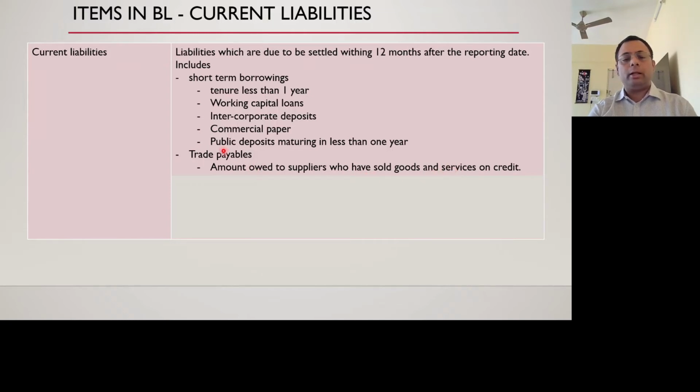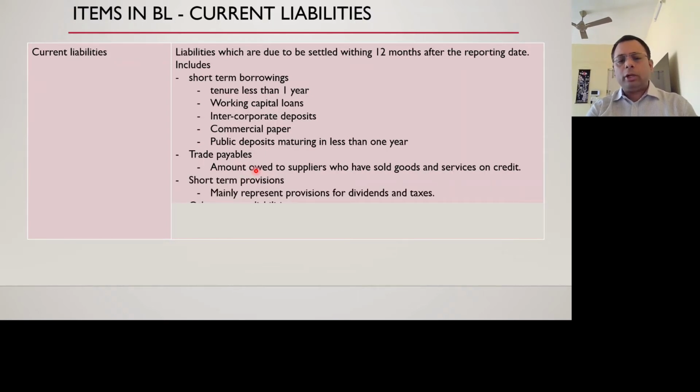This is another important thing, because trade payables is something that we owe to the suppliers, because they have supplied us goods and services on credit. And in a similar way, we would have also sold goods and services on credit. Then short-term provisions mainly represent provisions for dividend and taxes.